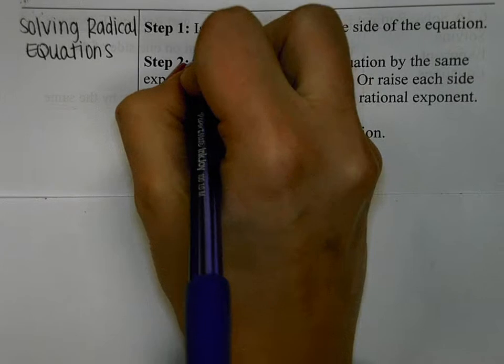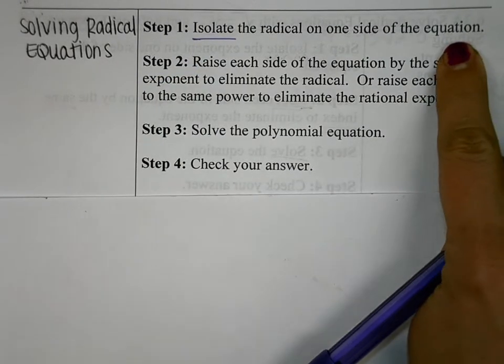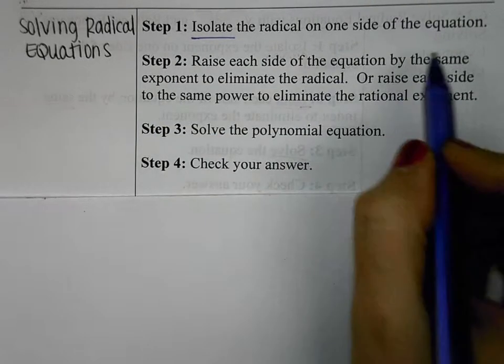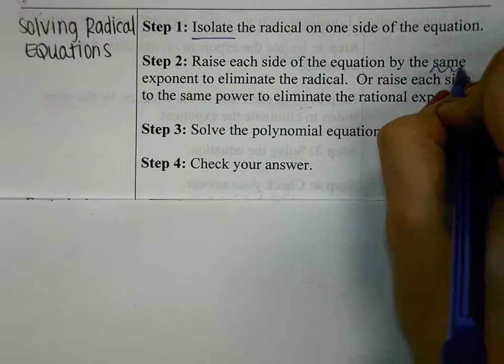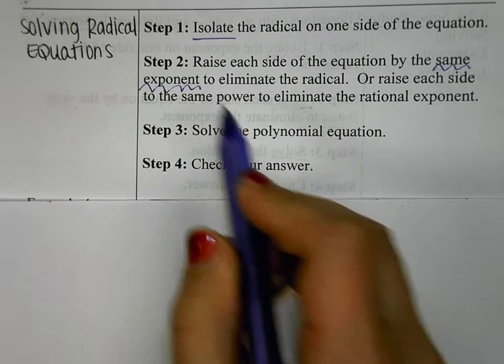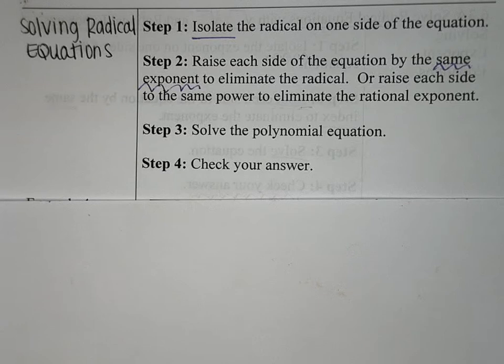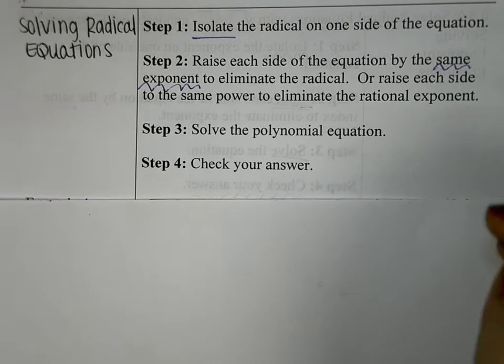First, I want to isolate the radical on one side of the equation, just like before, so I want to get it by itself. And then this is the important part. I want to raise each side of the equation by the same exponent to eliminate the radical. So if I'm taking the square root, I'm going to square both sides. If I'm taking the cube root, I'm going to raise both sides to the 3rd power.